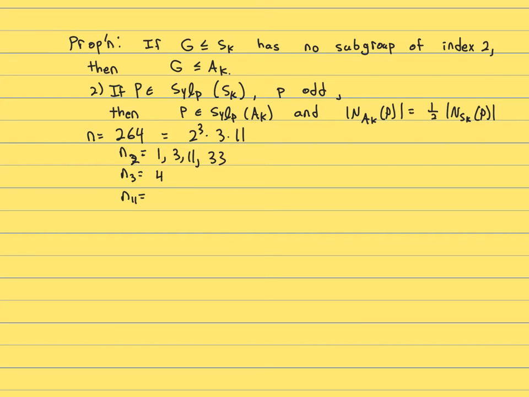So you're going to get 1, 4, 22, or 88 as your possible options. Finally, n sub 11 is going to either be 1 or 12.